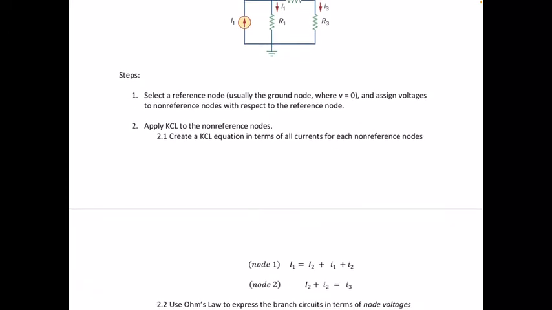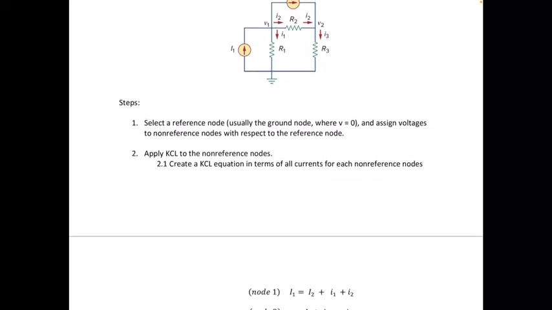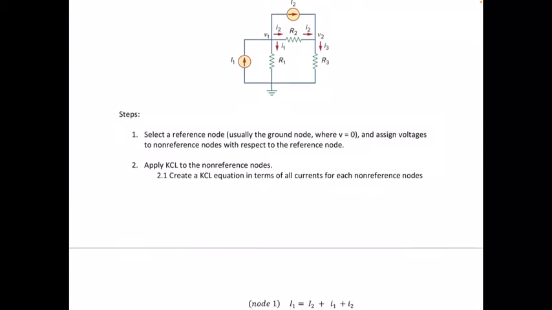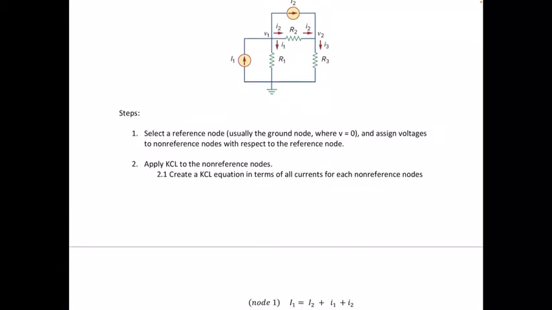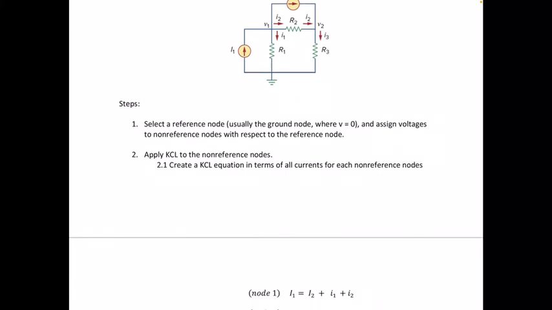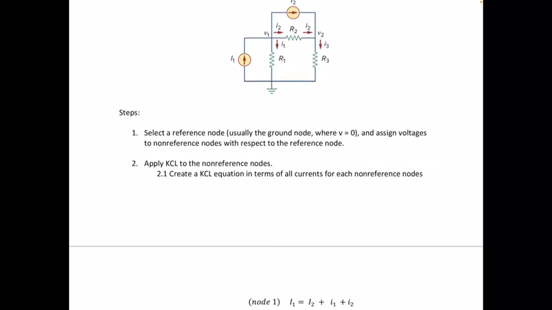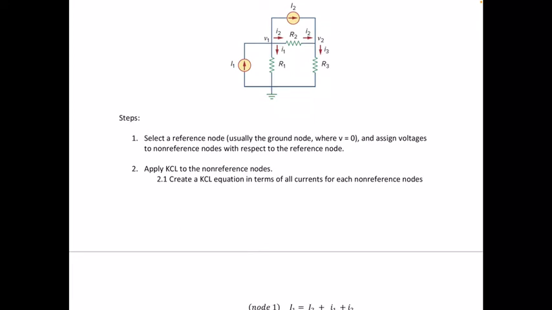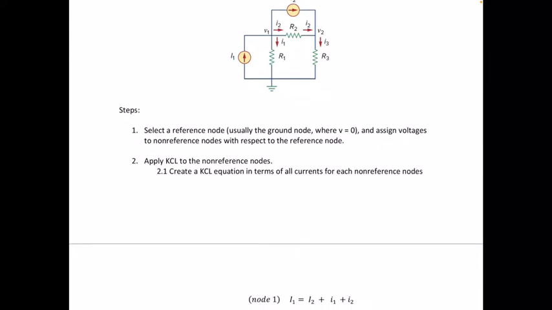Here at node 1, the current entering node 1 would be I1, represented by capital letter I. And the currents exiting node 1 would be these three currents: I2, capital letter I for I2, or simply put, the current source, and two other exiting currents, small letters i1 and i2 in this particular diagram.